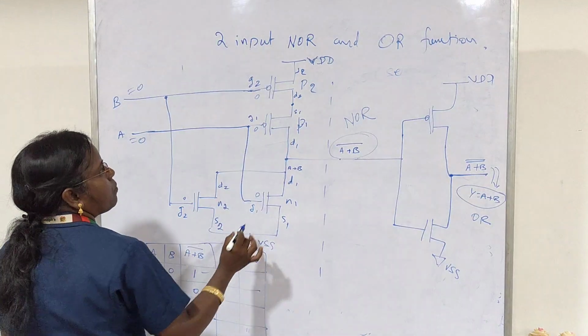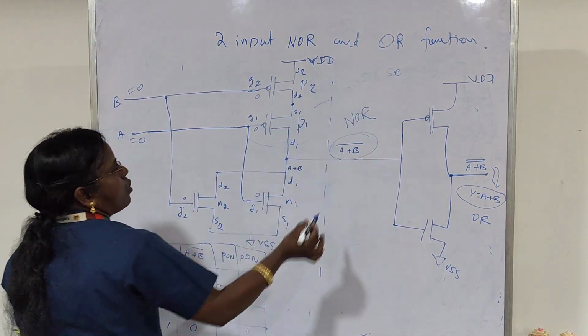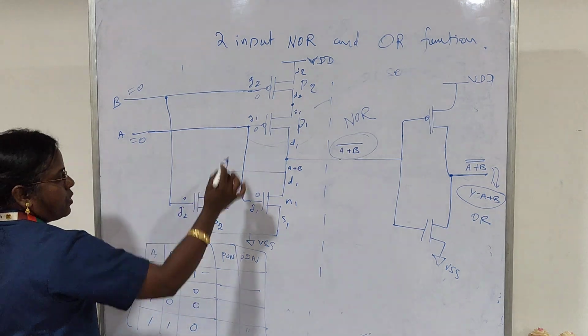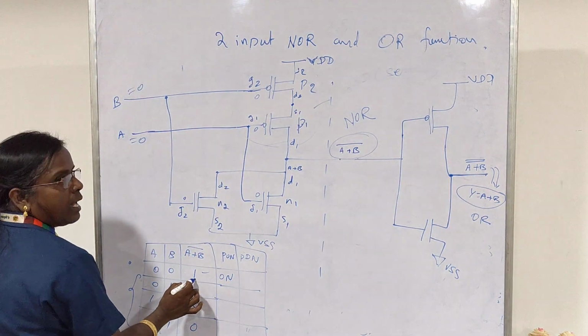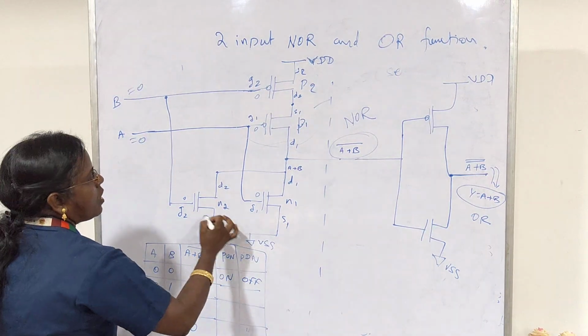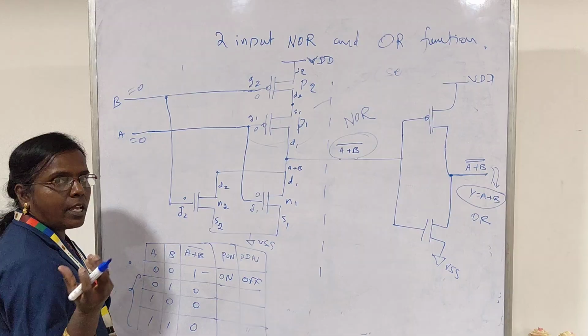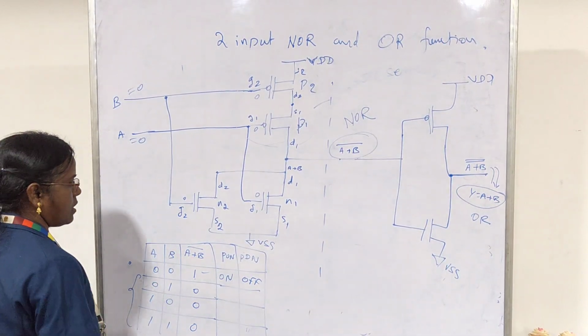At that time only my pull up network transistors will be switched on. The entire pull up network is turned on, which will generate the output logic as 1. The pull down network will be switched off because all NMOS transistors receive the gate input as 0, which will turn off the NMOS transistors.